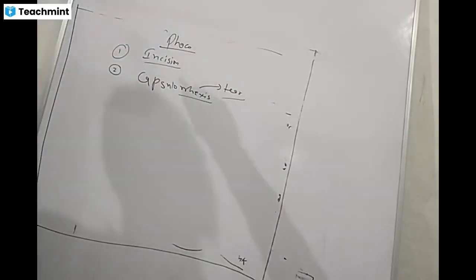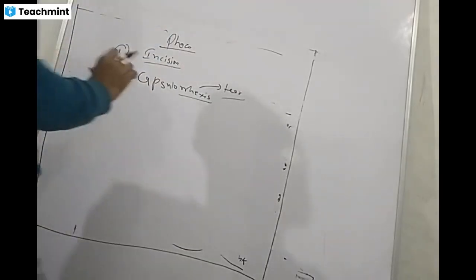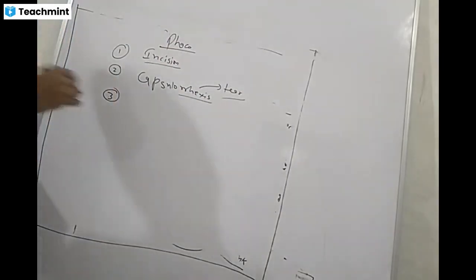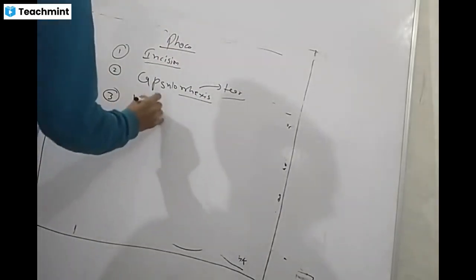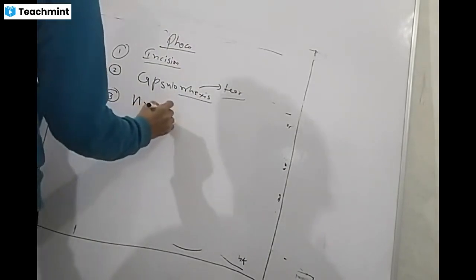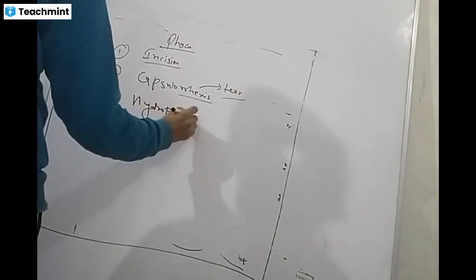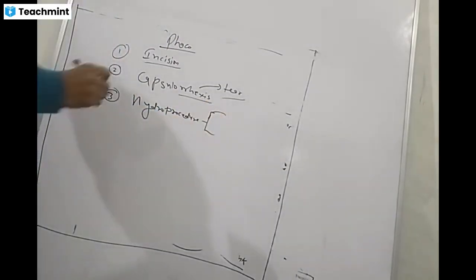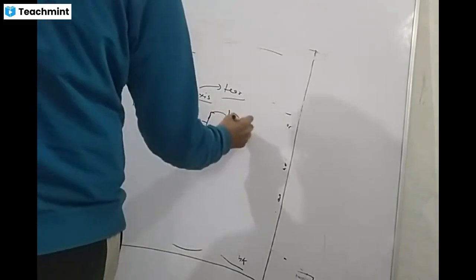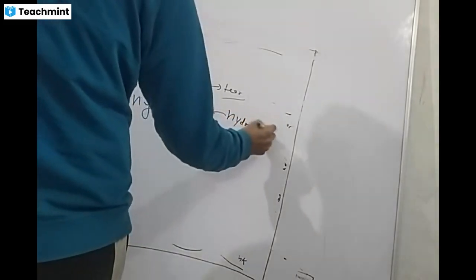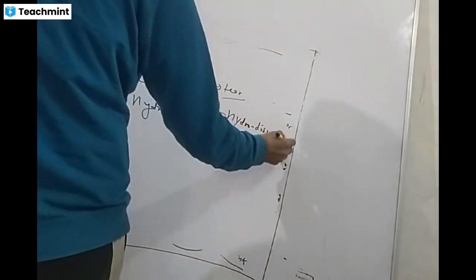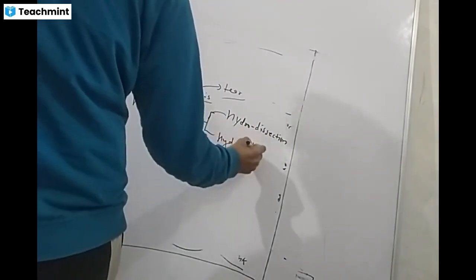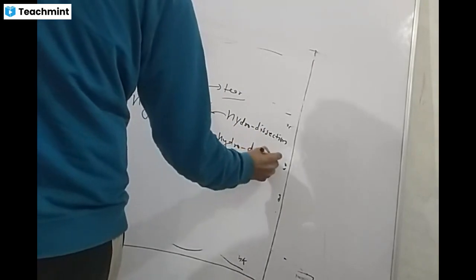So first you make a small cut in the capsule, then start breaking down other things. Third are the hydro procedures. Hydro means water. There are two: hydrodissection and hydrodelineation.